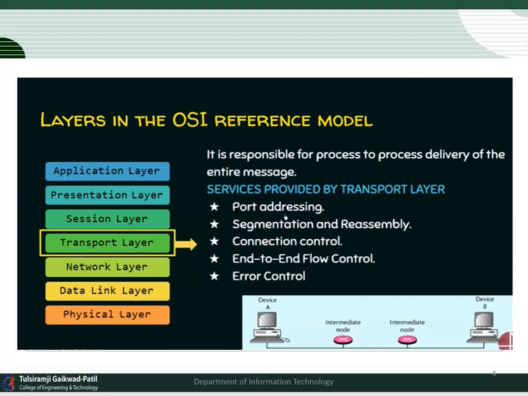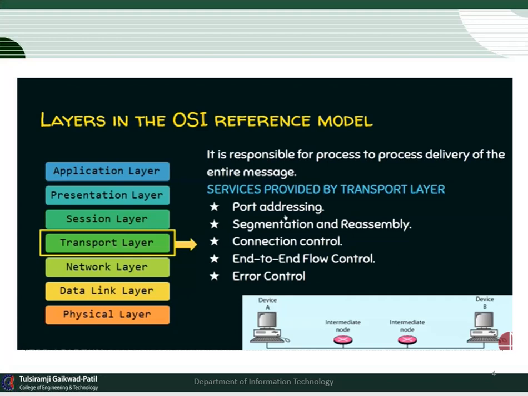But when we talk about connectionless, the connection will not be established and the data is transferred directly as such. So the network generally supports both connectionless and connection oriented services. This is the connection control service provided by the transport layer.